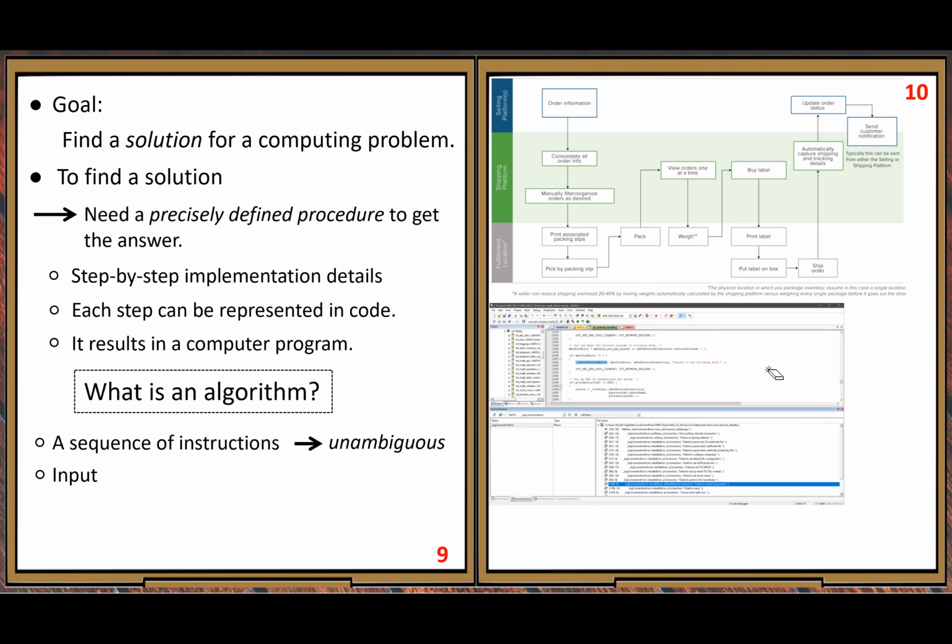Input. One element is the input. You need to have input first. The given data, that's the input in a certain format. For this class, typically our input is an array. We use arrays as input data.